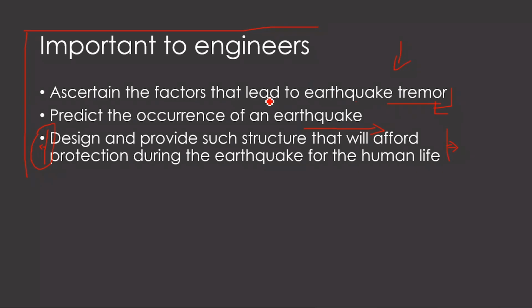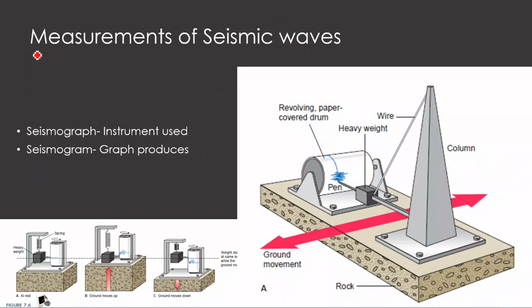Okay, so by having this knowledge of where it can occur, how it propagates, and what kind of damage it can cause, one thing is very important for us: measuring the seismic waves. Measuring the seismic waves is done by an instrument called a seismograph.